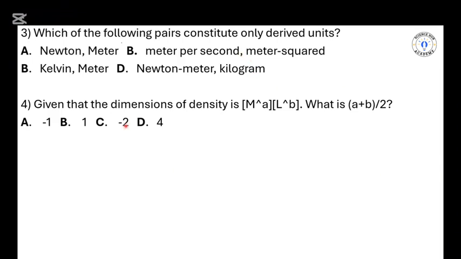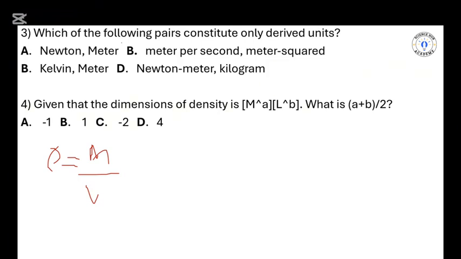This one says, given that the dimensions for density is M to the power a, L to the power b, what is (a plus b) divided by 2? We are going to work this out. What is density? Density is the ratio between mass of a substance to the volume of the substance. So that is kilogram per cubic meter.